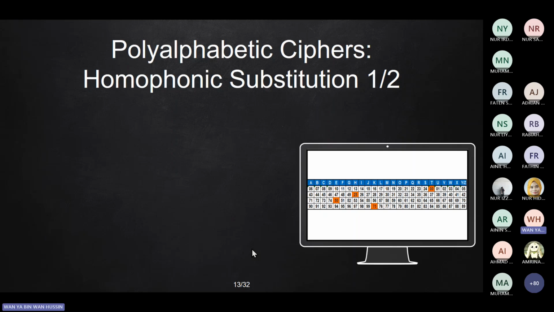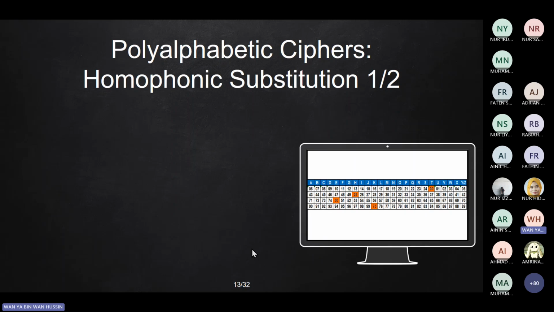How to resolve this? Using the same substitution rule for every alphabet makes it prone to frequency analysis attack. So how to prevent this attack? By applying multiple substitution rules in our crypto algorithm.